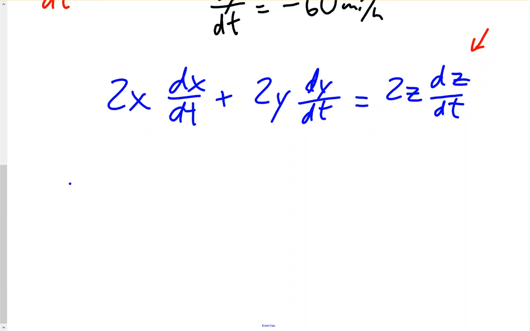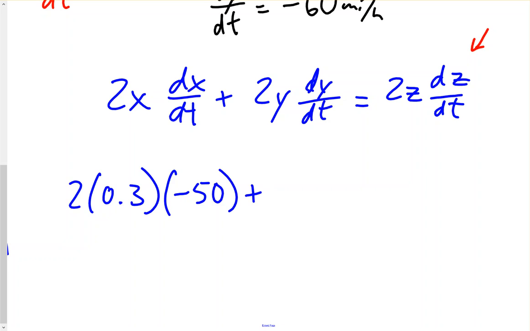So we have 2 times 0.3 times dx/dt, which is negative 50, and then 2 times 0.4 times dy/dt, which is negative 60, equals 2 times z.